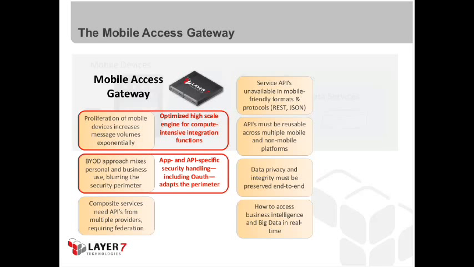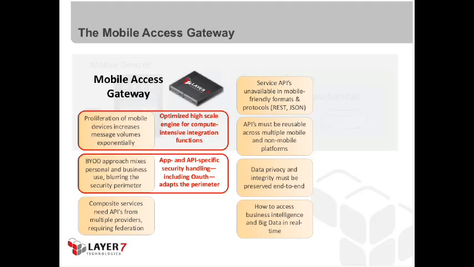So one of the things that's happening: we had a pretty well-evolved security model around SOA, around WS-Security and so on. In the mobile world, where REST and JSON are more popular protocols, up to this point there isn't the same evolution or maturity of standards.